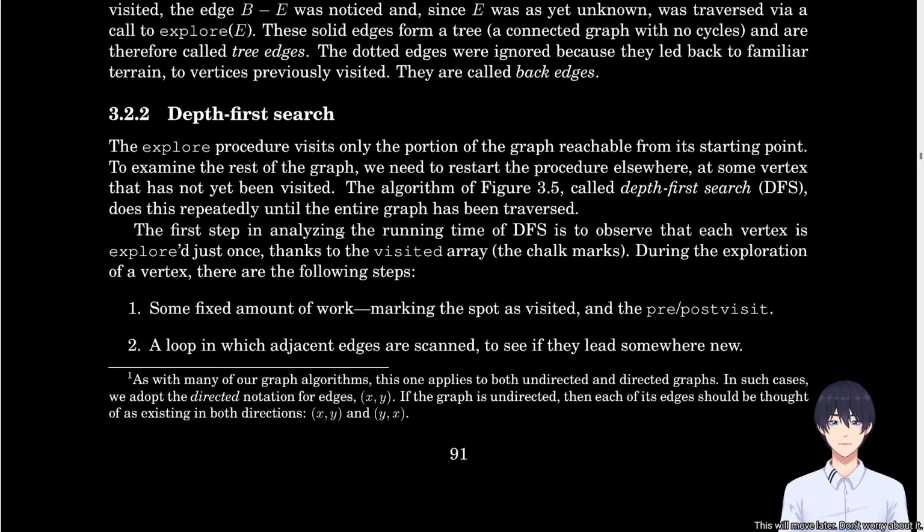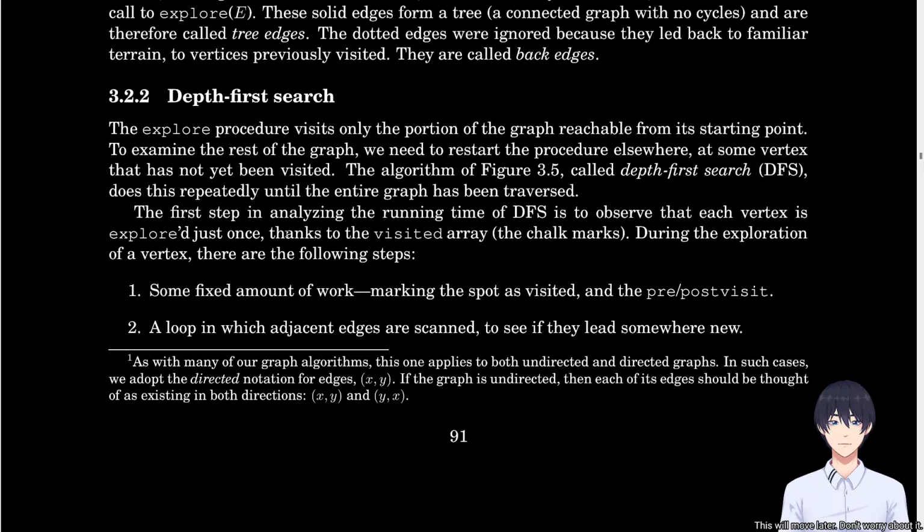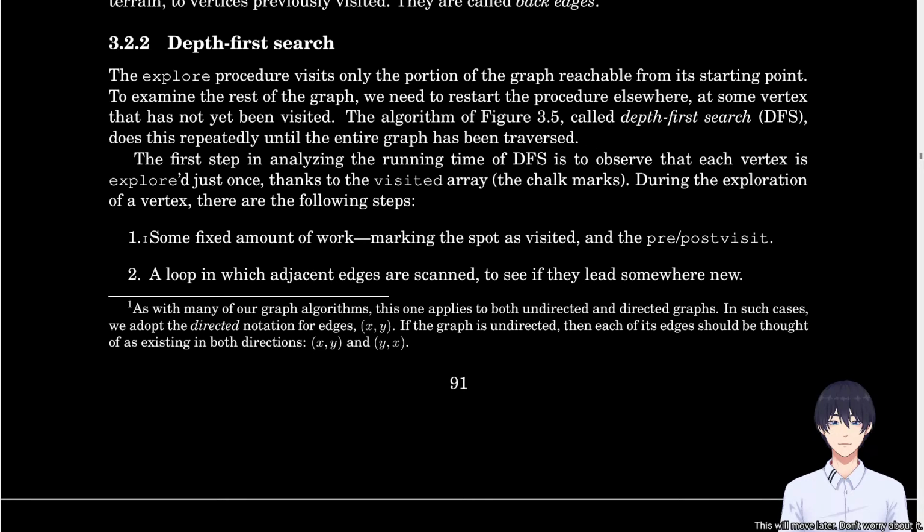The first step in analyzing the running time of DFS is to observe that each vertex is explored just once, next to the visited array. During the exploration of a vertex, there are the following steps. Some fixed amount of work, so O of 1, marking it as visited and pre and post visit, which is O of 1, a loop in which adjacent edges are scanned to see whether they lead somewhere new.